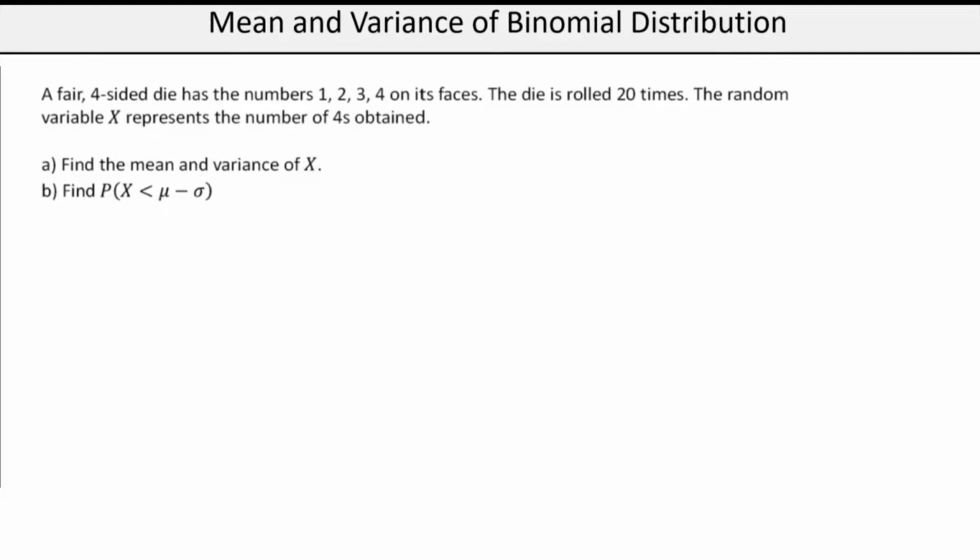The first thing I want to do is actually to write out the distribution of x to begin with. It's going to be a binomial. There were 20 fixed trials, and we're looking for the number of 4s obtained. The probability of getting a 4 is a quarter, 0.25. The expectation from here, n multiplied by p, 20 multiplied by a quarter. I'm sure you can all do this in your head.